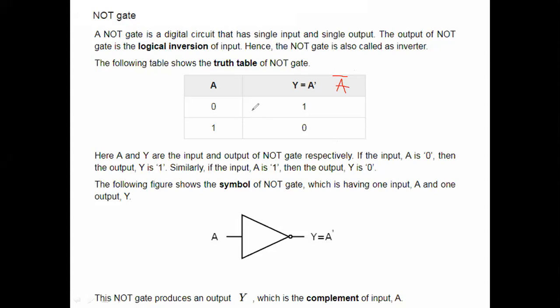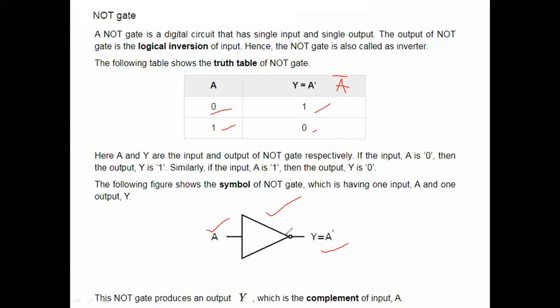So here, whenever the input is 0, the output is 1. If the input is 1, the output is 0. That means just the inversion of the input. That is the output. So this is the symbol for the NOT gate. Only one input, that is A. Output Y is equal to A bar or A complement.